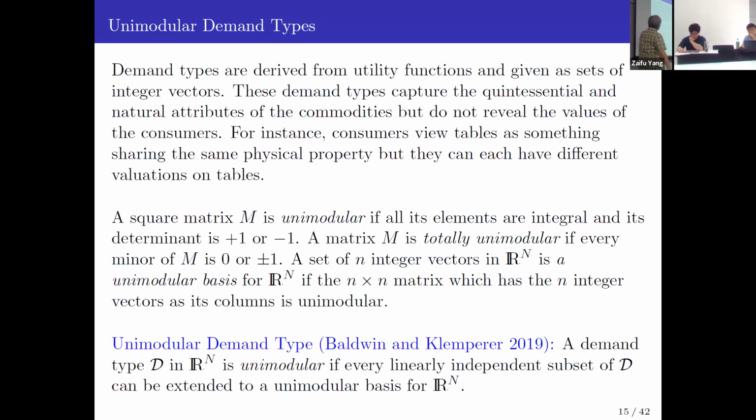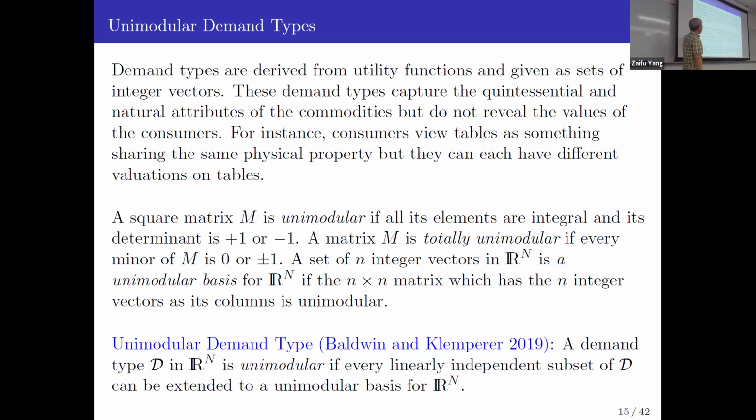Now, you see the demand types do not reveal your valuations, but they capture the essential and natural attributes of the commodities. In some sense, everyone will use a table as a table, but our values for the table could be different. The demand type captures that essential feature. Then a square matrix is unimodular if all elements are integers and its determinant is 1 or minus 1.